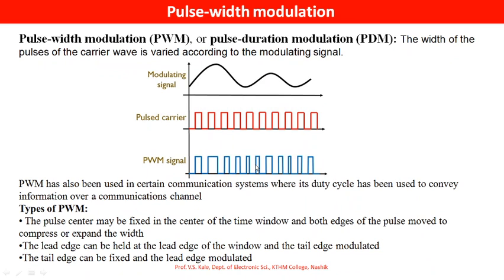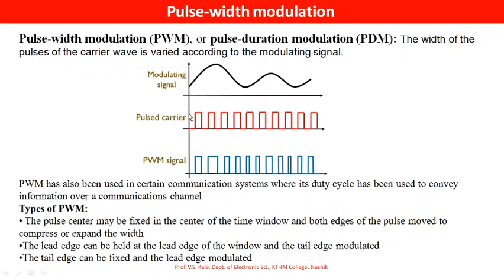Now see about the pulse width modulation. Pulse width modulation, in short, is called PWM, or it is also called pulse duration modulation, in short PDM. In this, the width of the pulses of the carrier wave is varied according to the modulating signal.